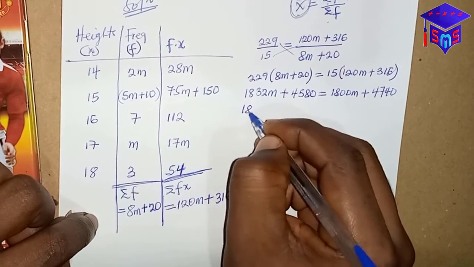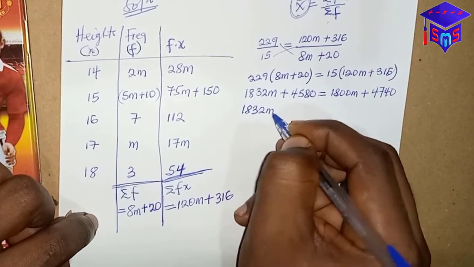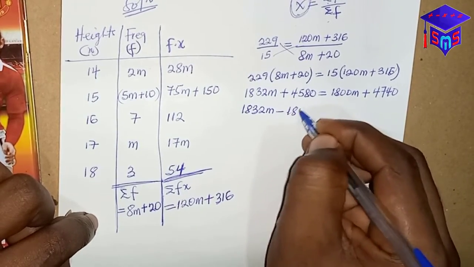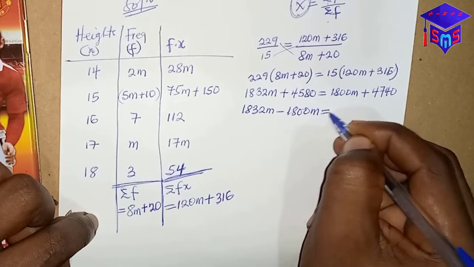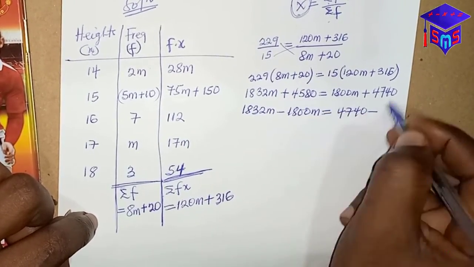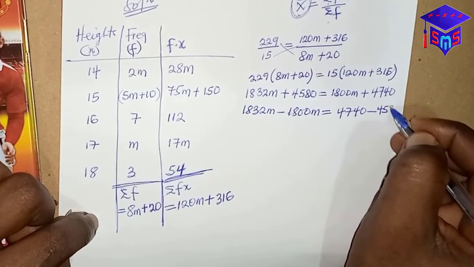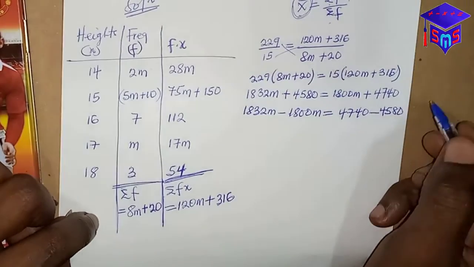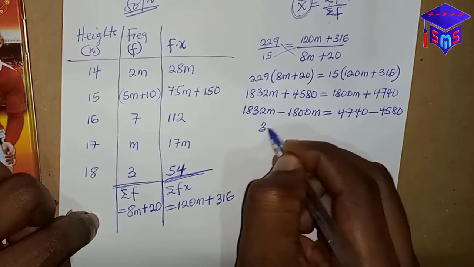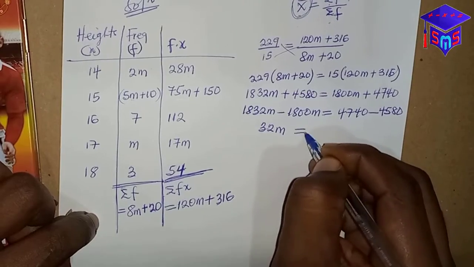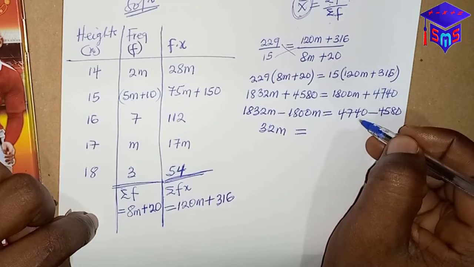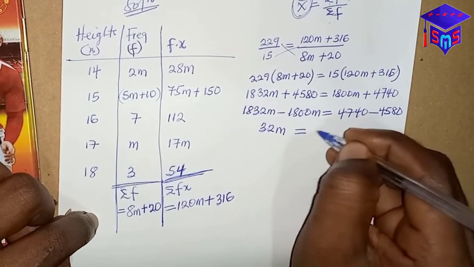So I have 1832m minus 1800m, and this will be equal to 4740 minus this one will go here to become 4580. All right, so when you take 1800 from 1832, you'll be getting 32m, and this should be equal to, now when you take 4580 from 4740, you should be getting 160.